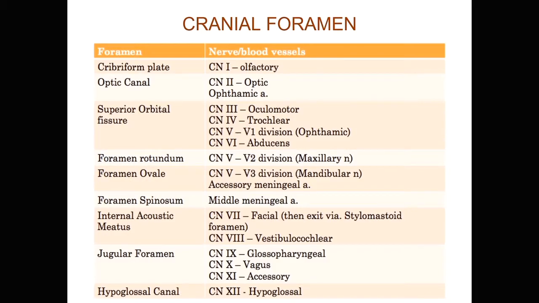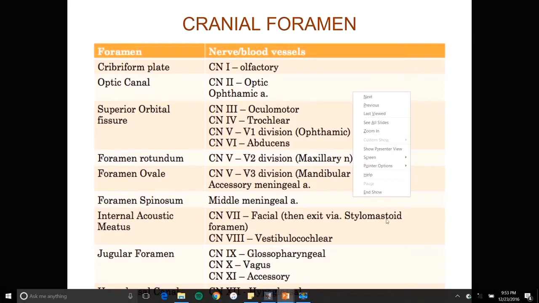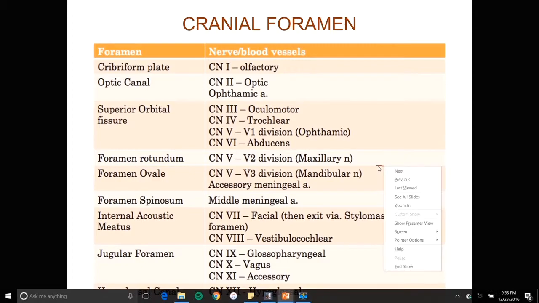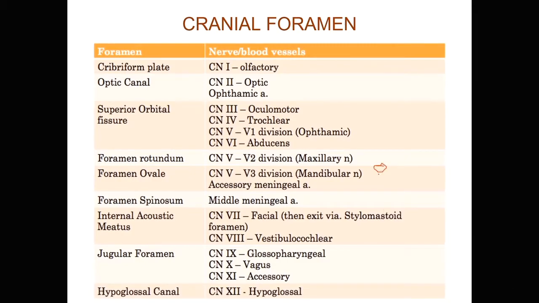Foramen ovale, which is going to carry your V3 division or your mandibular nerve, along with accessory meningeal and a few other things. So it actually spells out ovale when you're thinking of the foramen ovale. So let me write that. So you have ovale.